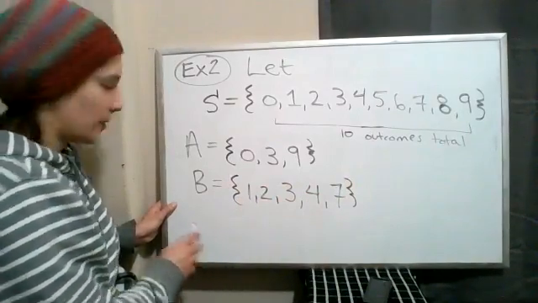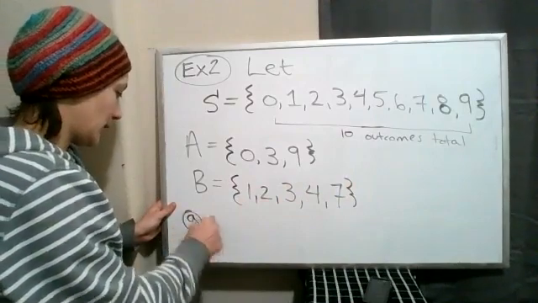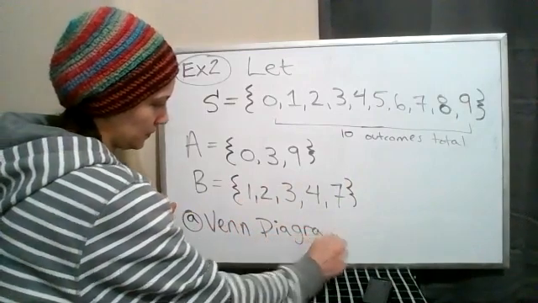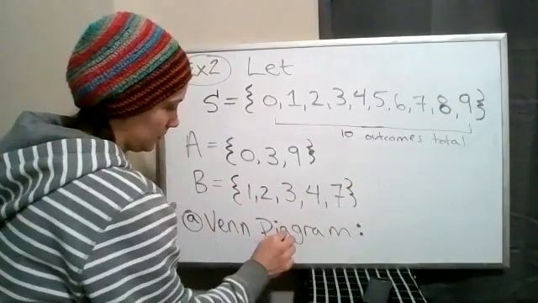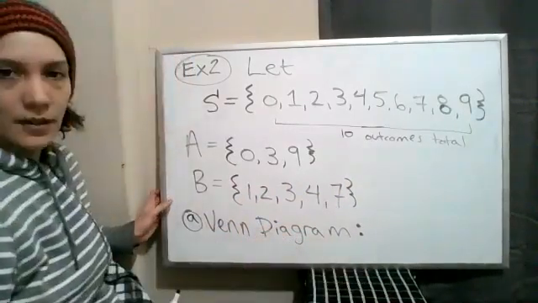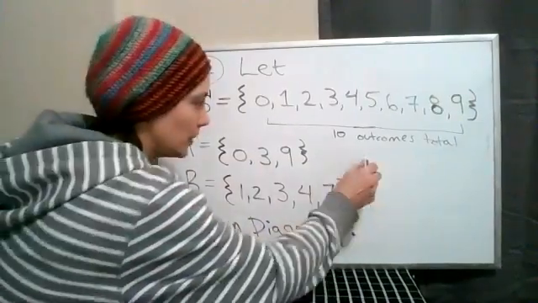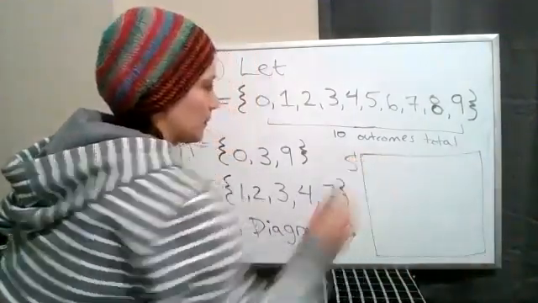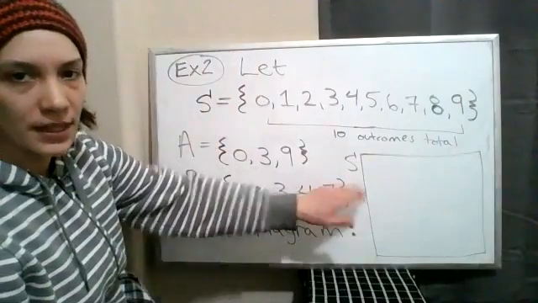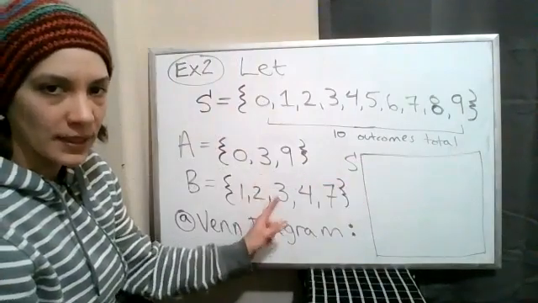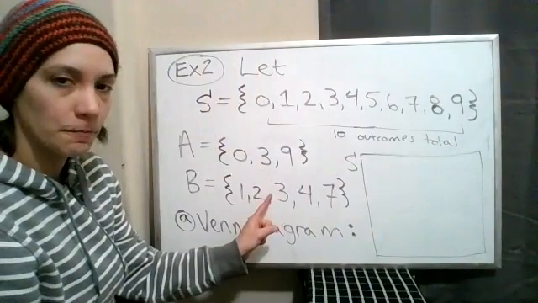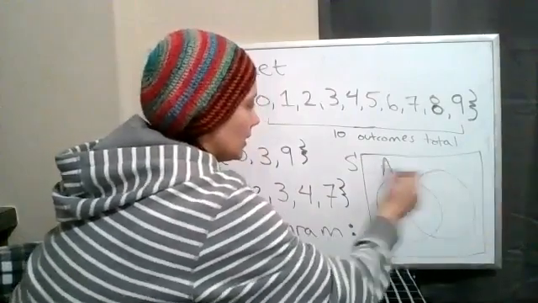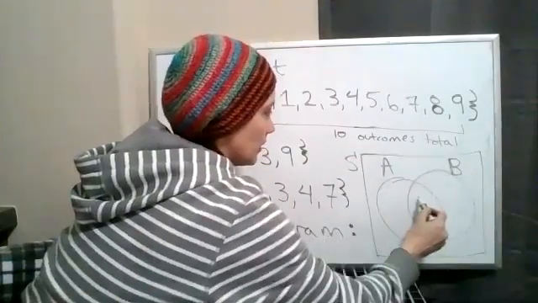We're going to draw a Venn diagram for the first part, Part A. I think this picture can fit on the side. Put the full space right here, S. A and B are going to have an element in common. They definitely share 3. That's it though. So in the middle of A and B, 3.